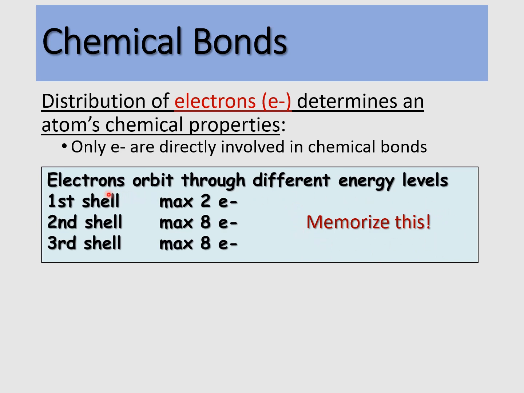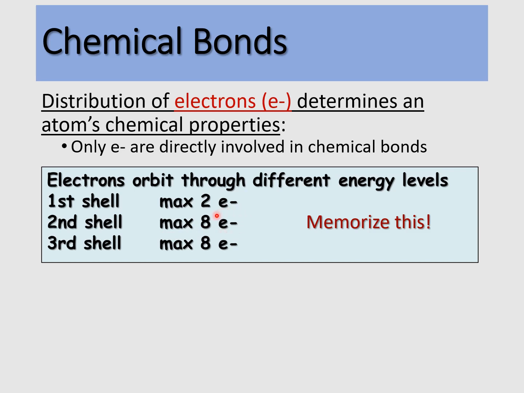So in the first shell, there's only going to be a max number of 2 electrons, okay? So remember, all of our elements are going to have different numbers of electrons. So if it only has 1 or 2 electrons, they're going to be in that first shell or that first orbit, okay? Now, if they have more than that, they're going to start filling up their second shell, and they can have a max of 8 electrons in the second shell.